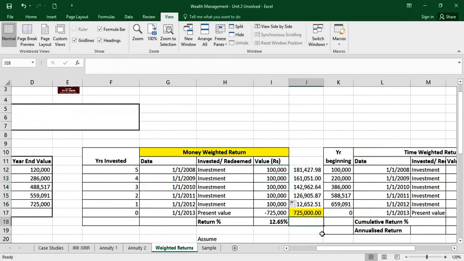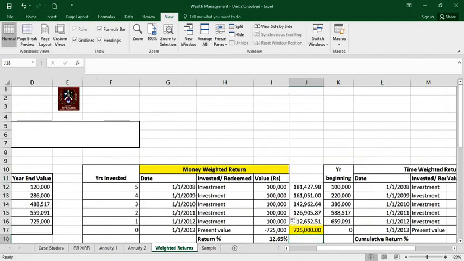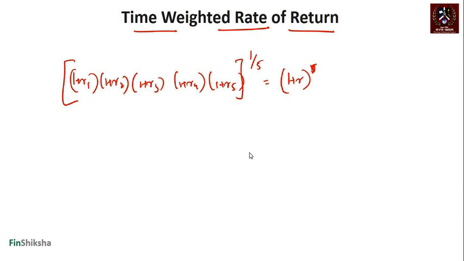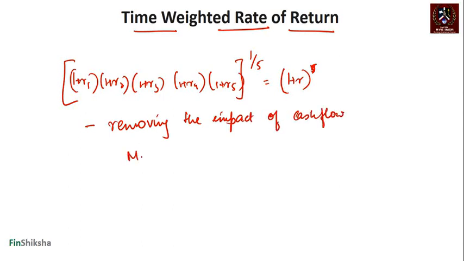It is important for us to understand the difference between these two, that ideally your time weighted rate of return is doing nothing but removing the impact of cash flows, right? So in other words, you use money weighted rate of return to rate your return on investment, right?